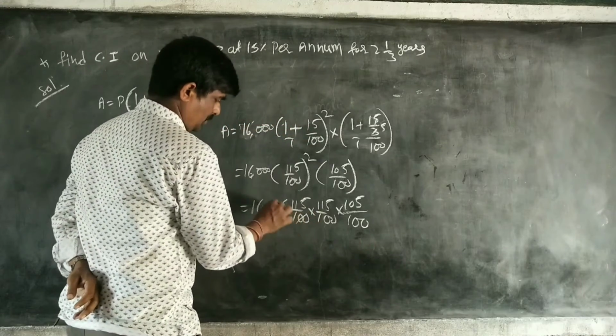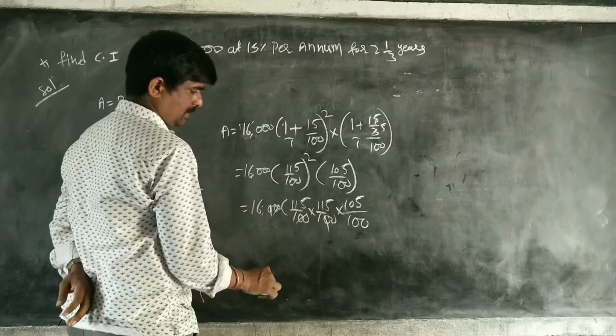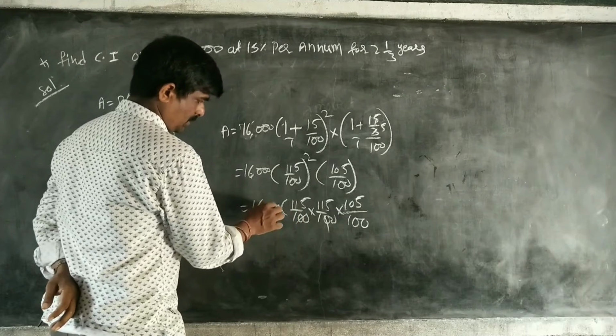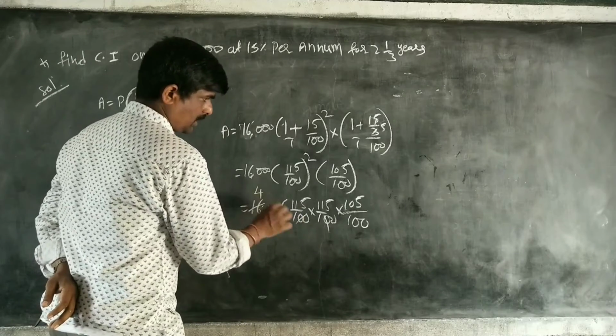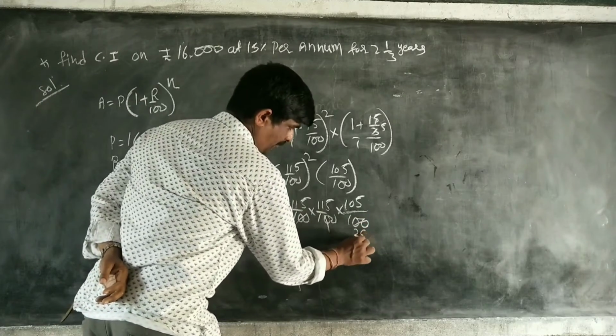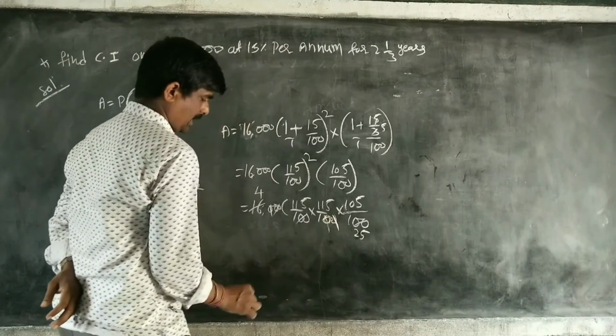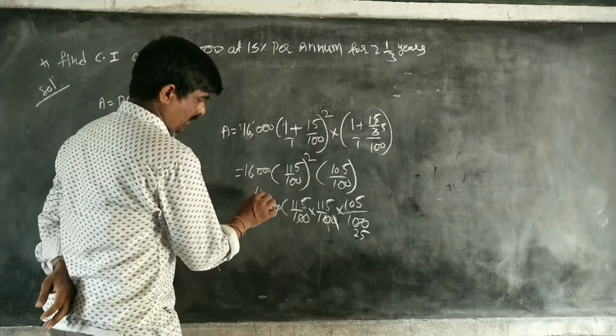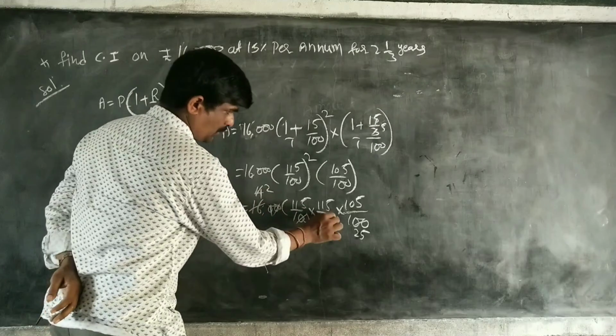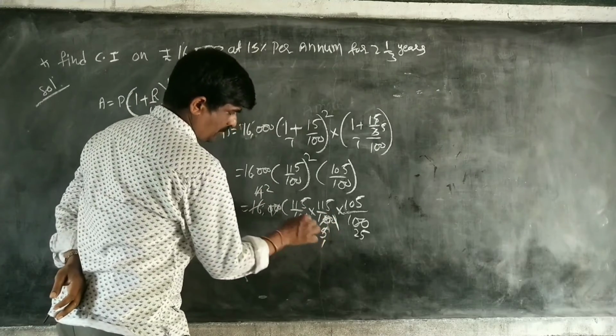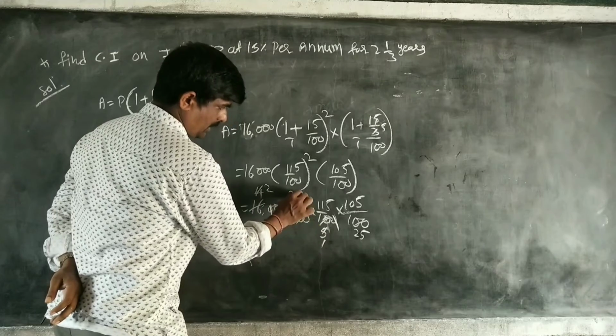The zeros get cancelled. Next, 4 4s are 16, 25s are 25. Here again one zero, one zero cancel. 4. Next, 2 2s are 4, 5 2s are 10, 23.